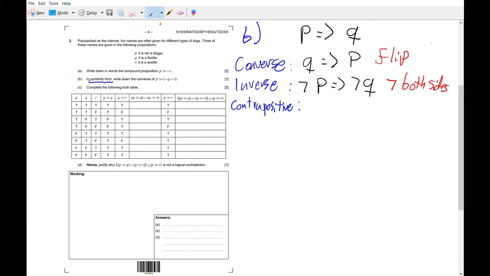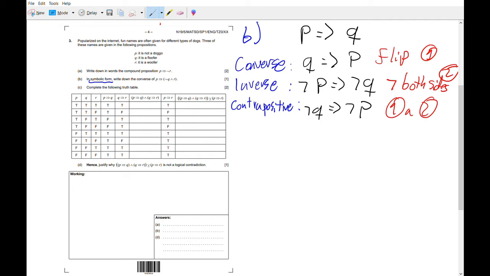Okay? This is the first one, this is the second one. And for the contrapositive, it is going to be not Q implies not P. So what happened here? Well, it is the first one and the second one. We flipped it because Q is in the beginning now, and we added a not to both sides.